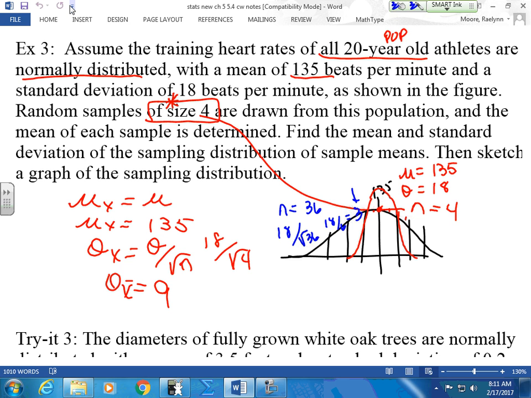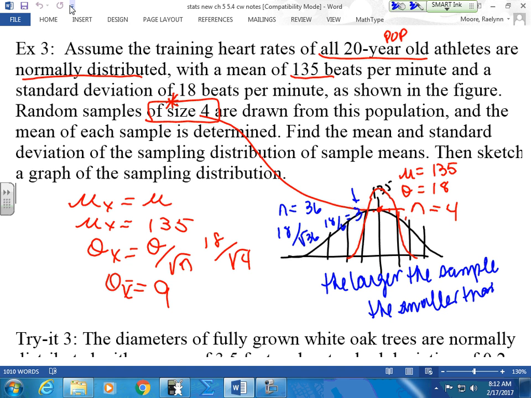That's now 3. So the larger the sample size, the smaller the sample standard deviation. Makes sense? Because I'm dividing by the square root of a larger number.